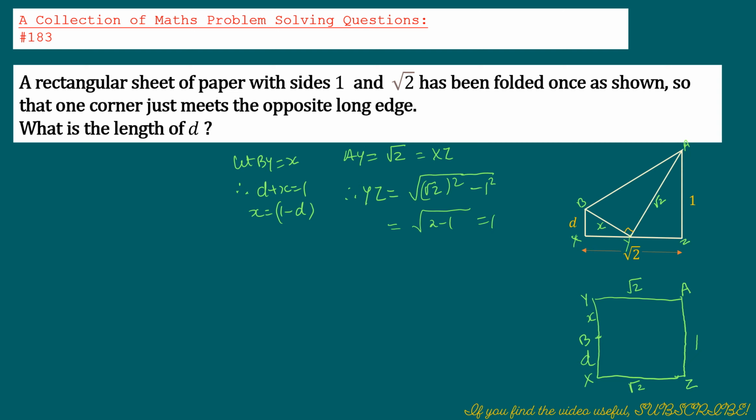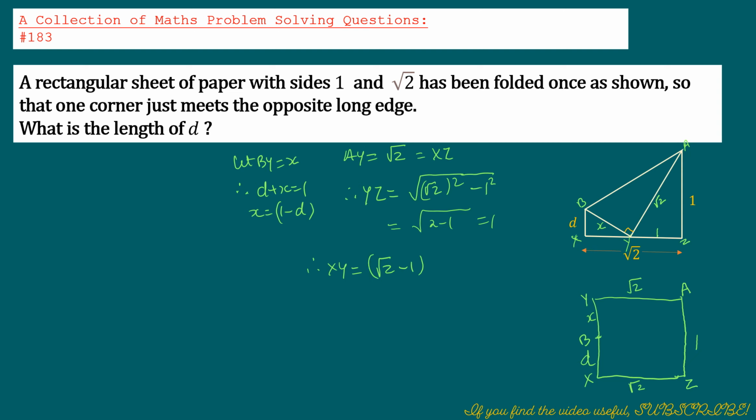So YZ we get as 1. So once we know that YZ is 1, then XY we can work out. So XY equals root 2 minus 1.